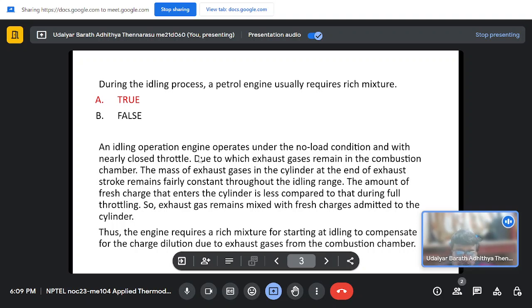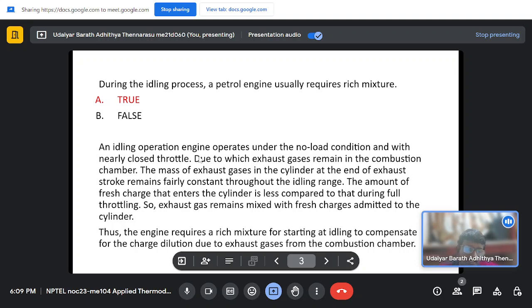Thus the engine requires a rich mixture for starting and idling to compensate for the charge dilution. The fresh charge coming in is actually less, and it will mix with the exhaust gases. The exhaust gas, being fully combusted, cannot react with the fuel, and you need air for the combustion. So this will create a dilution, and to sustain the reaction you need a rich mixture.